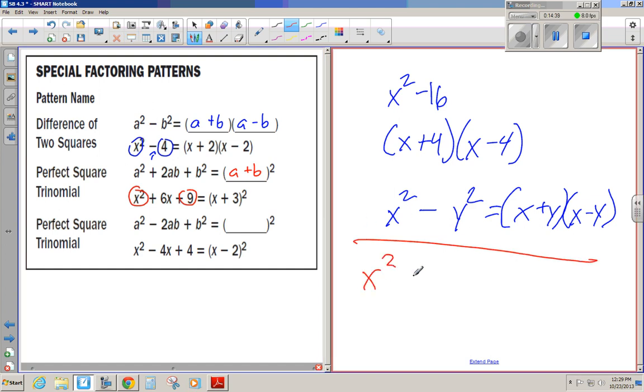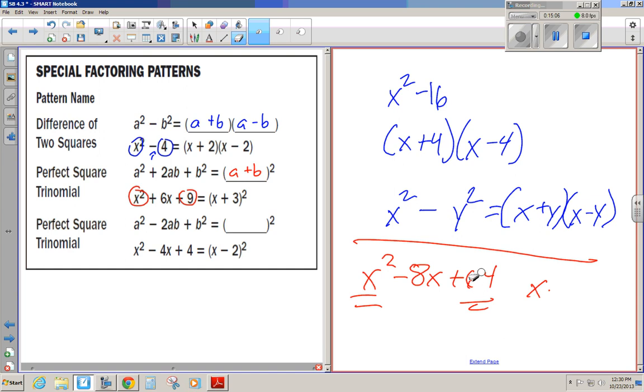So if you saw x squared minus 8x plus 64, well, perfect square, perfect square. So we're hoping that this is x... No, not 64. I'm sorry, that's not what I want to do.